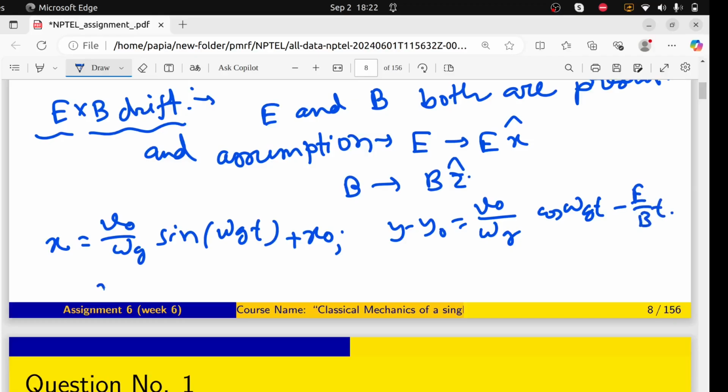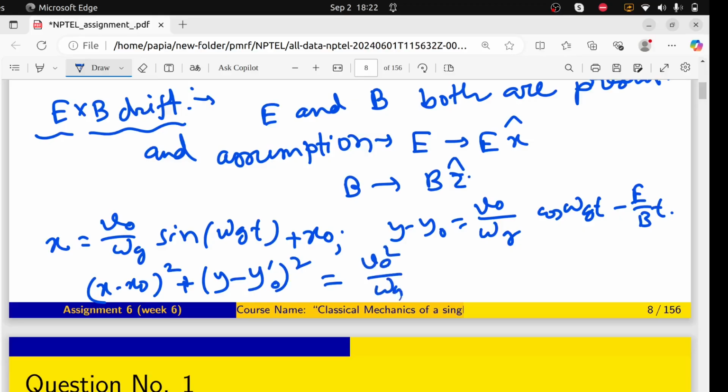So you can see here x minus x0 whole square plus y minus y0 prime whole square is equal to V0 square by omega z square. And what is y0 prime? Here I can write y0 prime equals y0 minus E by B into t.